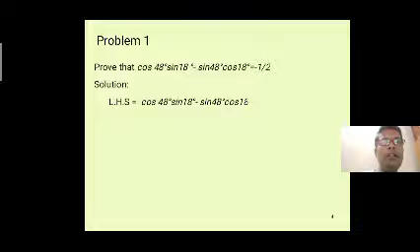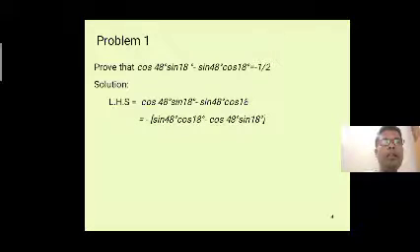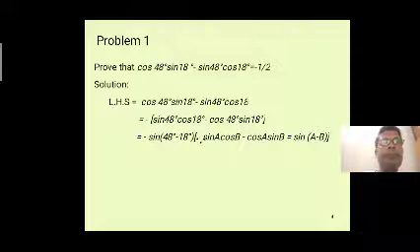Cos 48 into sin 18 minus sin 48 into cos 18. We write this equal to minus (sin 48 cos 18 minus cos 48 sin 18). We know that in the application, 48 we consider A, 18 we consider B. We write sin A cos B minus cos A sin B. What is the formula of this one?